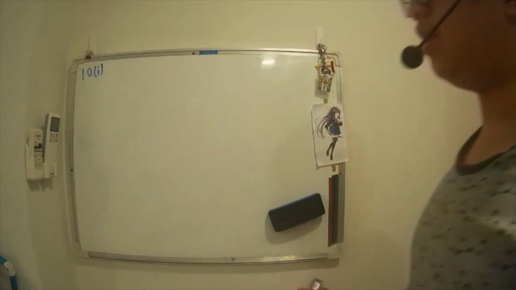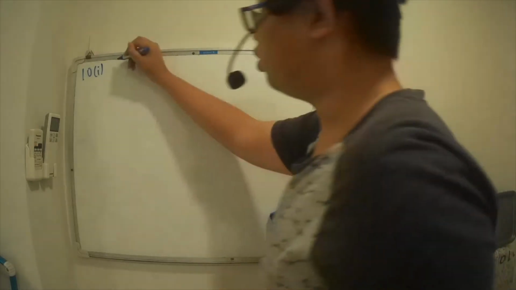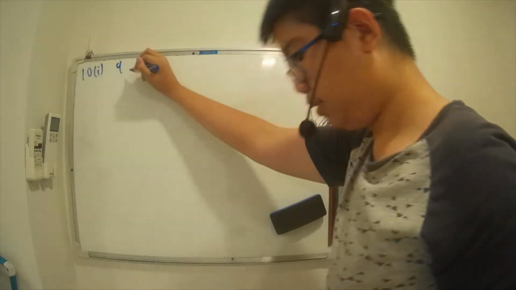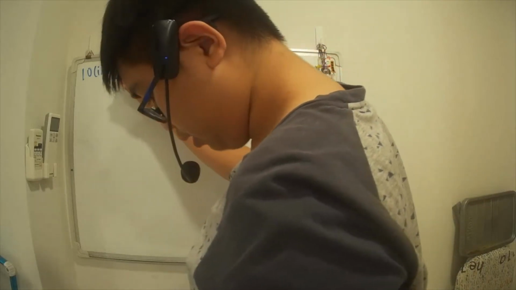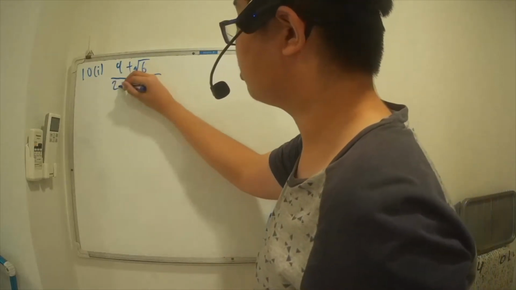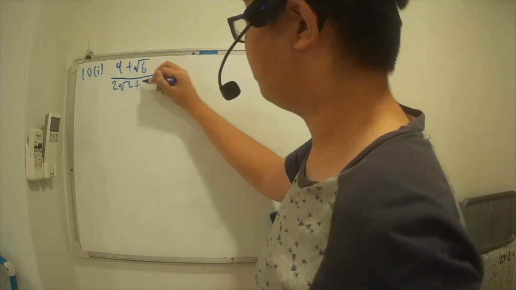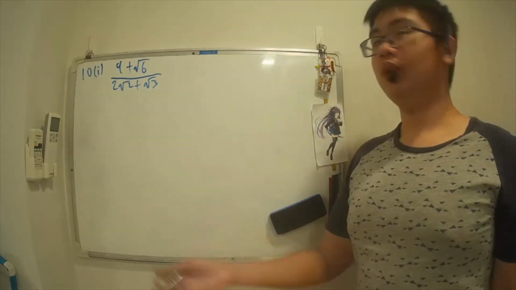We have the area and we have one side, so we can find the other side, right? So we'll have 9 plus square root 6 over 2 square root 2 plus square root 3. We need to work this out.